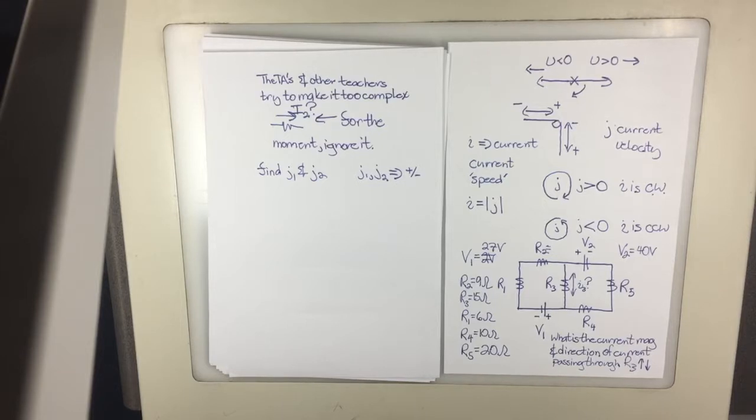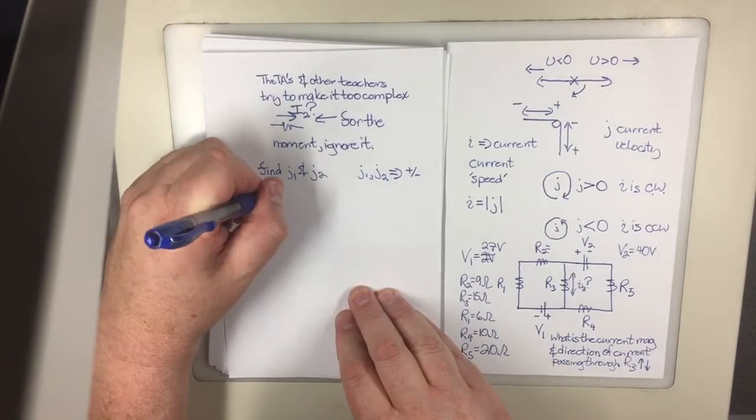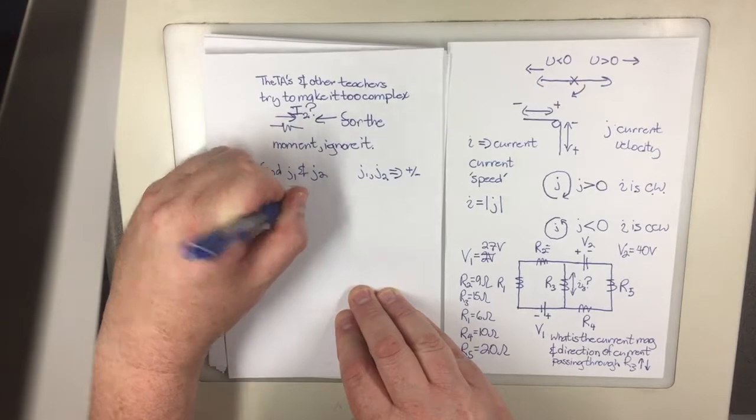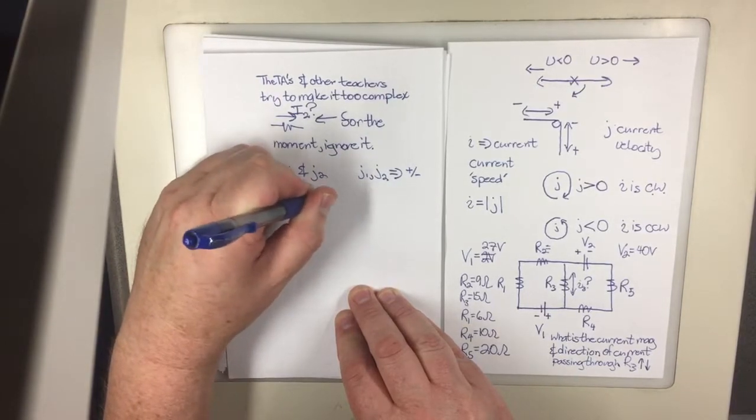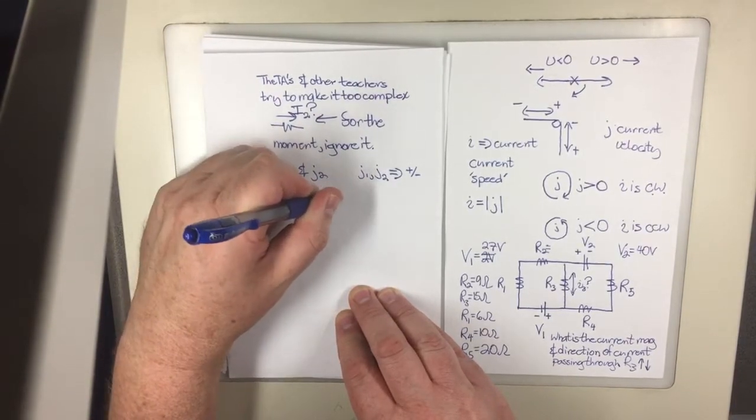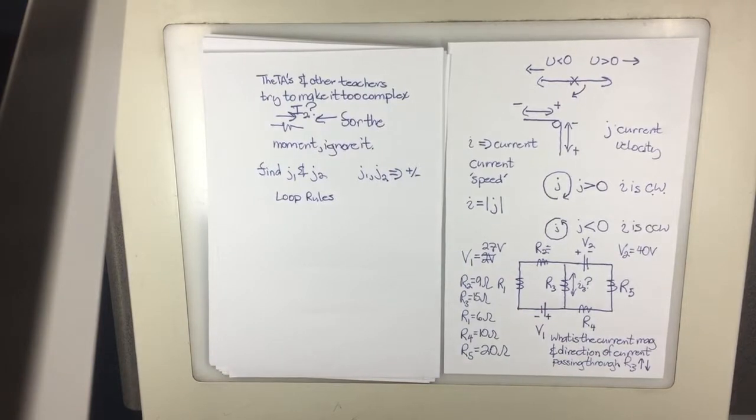Now, we're going to use something called the loop rule, or loop rules. Really, they're Kirchhoff's rules. There is something called the node rule, but in my simplified manner, I don't even use it. We'll get to the node rule when we talk about this stuff over here.